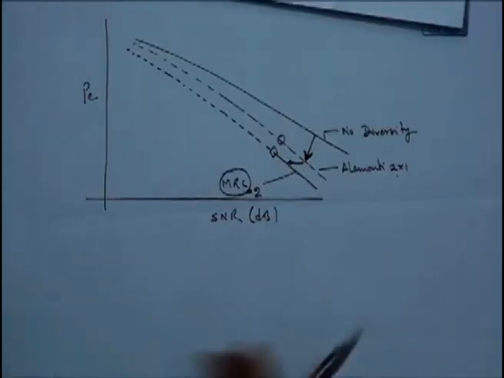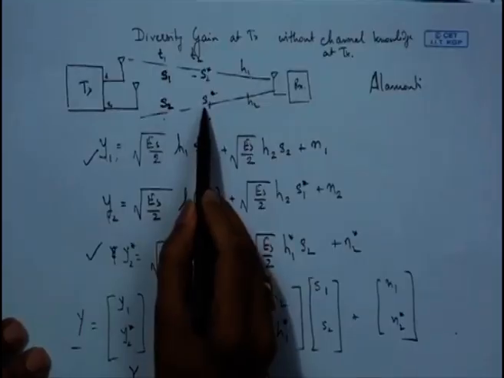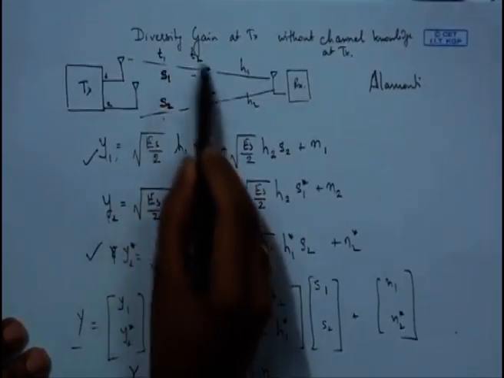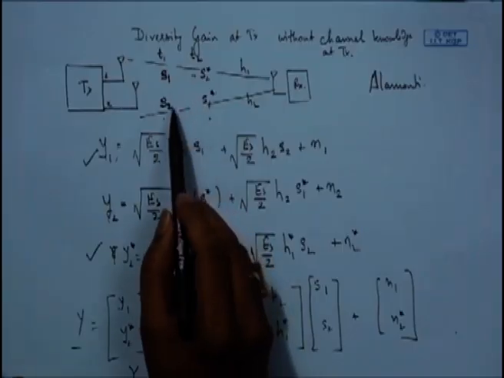So with this, even without knowing the channel at the transmitter, you can improve error probability at the receiver by using a special coding scheme where we send 2 symbols over 2 symbol durations across 2 antennas. So again, we'd like to take a look at what we are doing. Overall there is S1 and S2 in these two symbol durations, not more symbols.